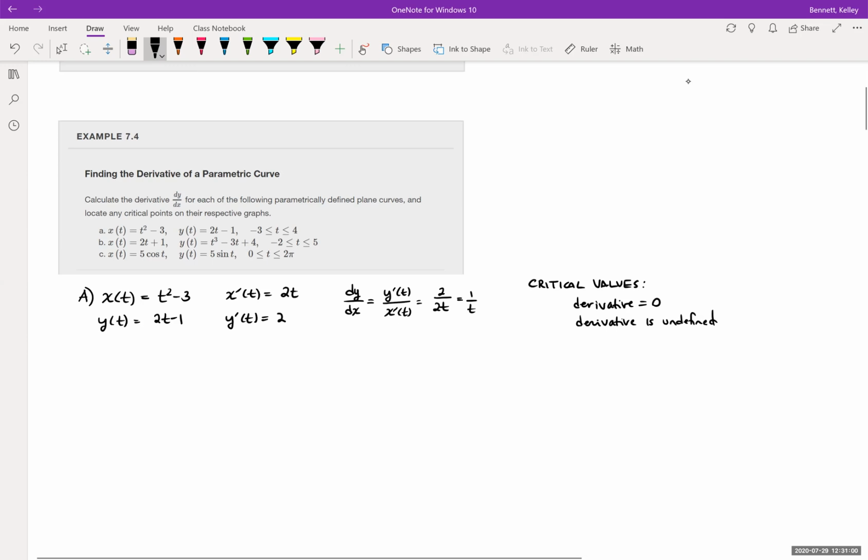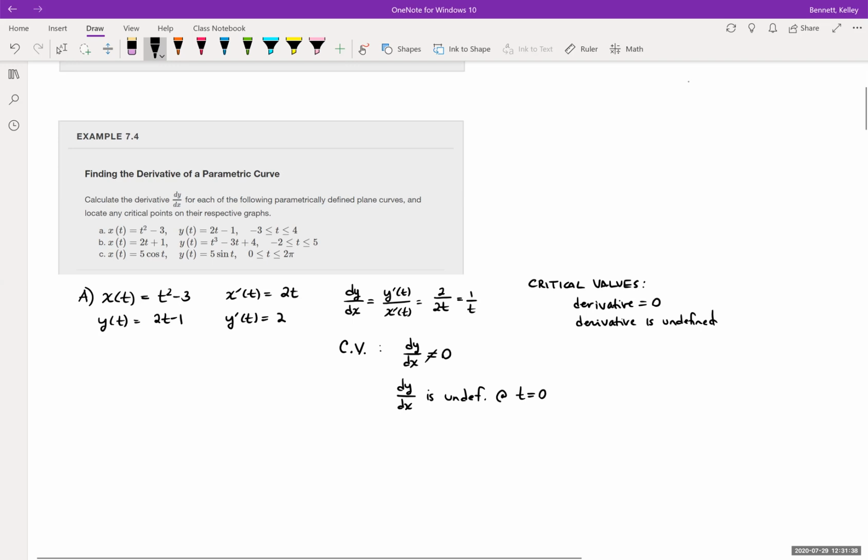That's true when we learn it for the first time in calculus 1, and it's going to be true here. So our critical values: dy/dx is never 0, right? There's nothing I can plug into 1 over t that makes it 0. But dy/dx is undefined at t equals 0. So I have a critical point at t equals 0.